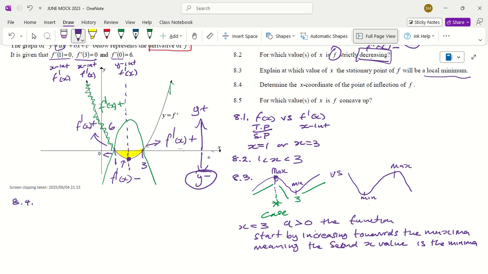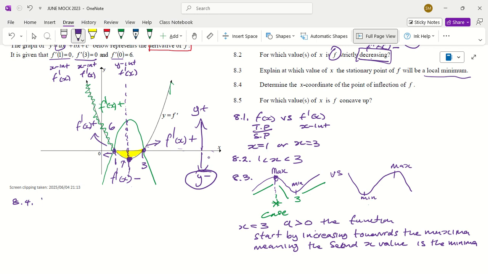it says that determine the coordinates of the point of inflection of f. Now the point of inflection of f, we have generally stated that these 2 points are the x values of the gradient of the function, but they are the stationary points of the actual function, meaning that now the axis of symmetry, or the turning point, is going to be the point of inflection.